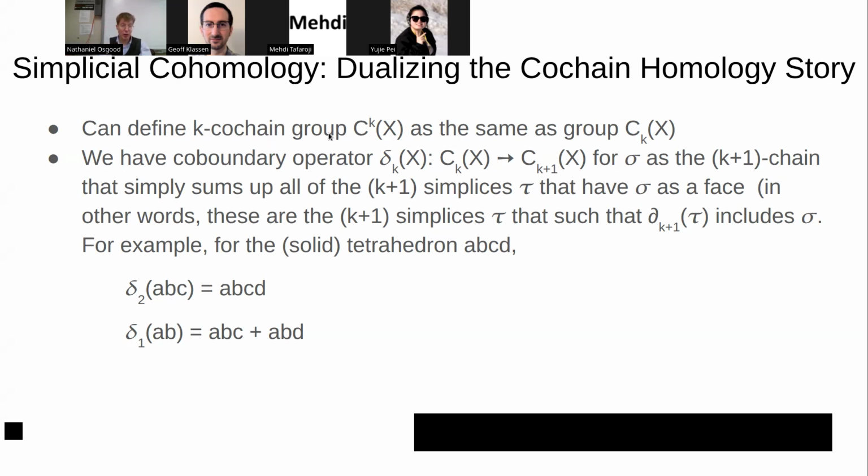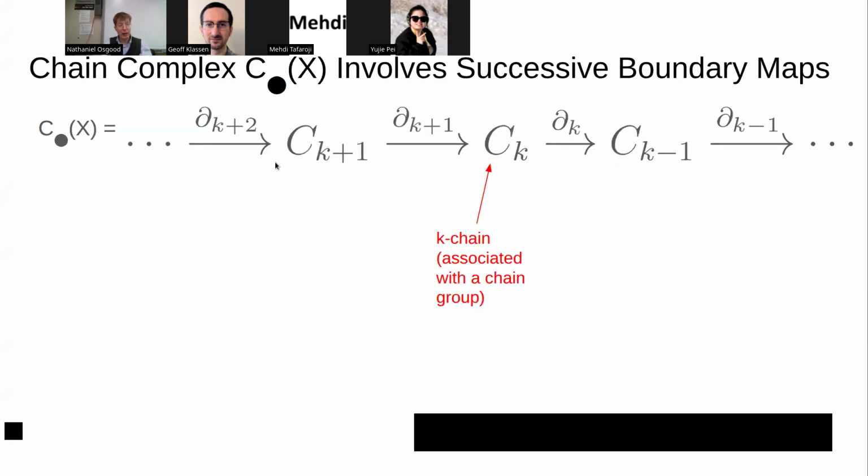For simplicial cohomology, we're going to define a k cochain group, okay? And instead of going down, do you remember we went from dimension 2, our triangles, to dimension 1, our edges? Do you remember that whole story? ABC differentiating to BC minus AC and so on, down to 0, and then we couldn't go any further.